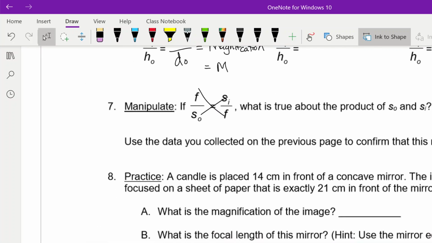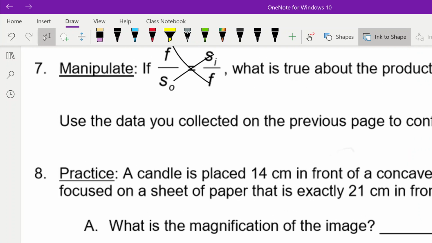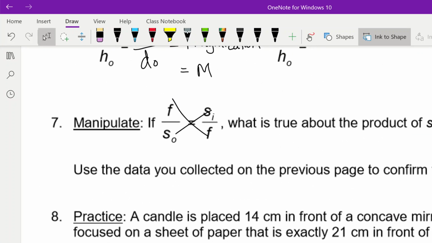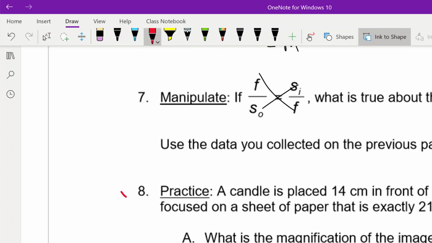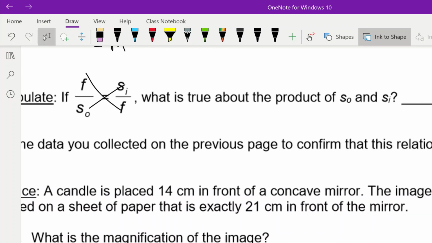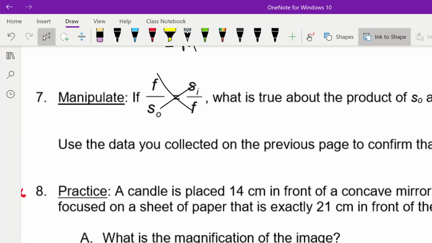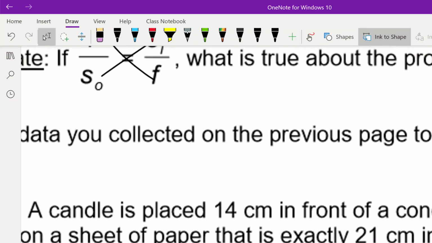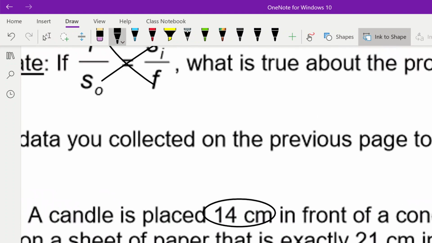Now, let's go through some of these questions. Let's take a look at number 8. It says a candle is placed 14 centimeters in front of a concave mirror. Let's circle that number.